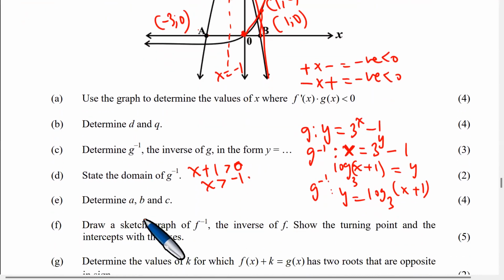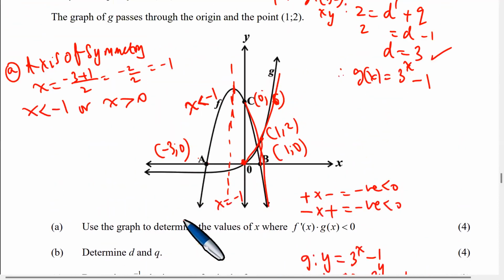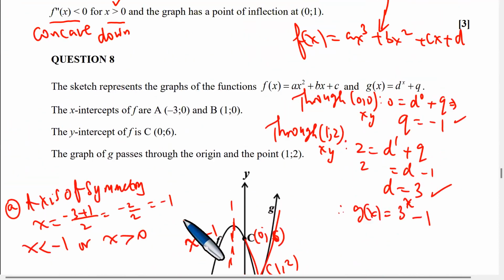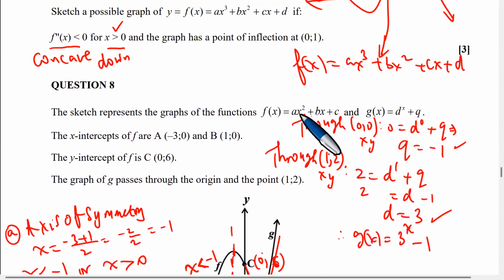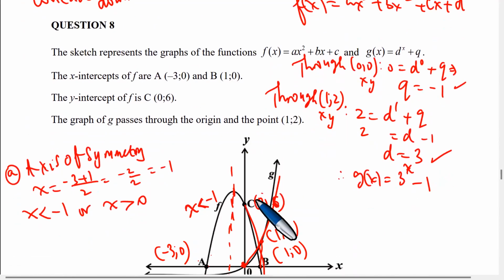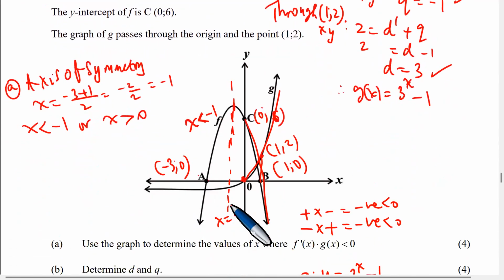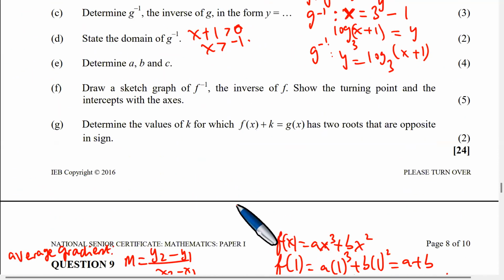Determine A, B, and C. Here they are, A, B, and C. How do we find A, B, and C? Obviously, those have to do with the parabola. This is another case we study very often.